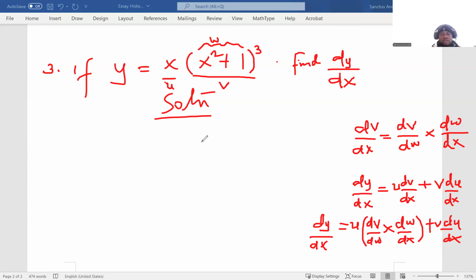Now, having broken all this down, we can get all our parameters in place. We have that y is equal to u v, where our v is equal to w cube, and then our w is equal to x squared plus 1.